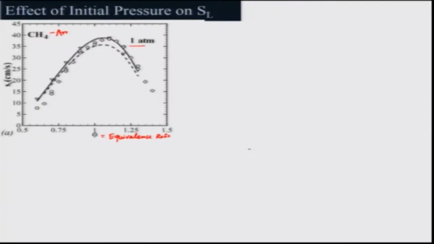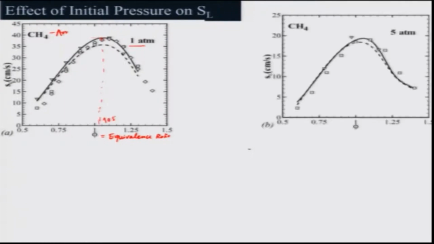Here the peak value of laminar burning velocity is around 38 centimeter per second, occurring around 1.05. When you increase the pressure to 5 atmospheres, the peak is occurring at the same location, but it has been reduced to around 18 centimeter per second.